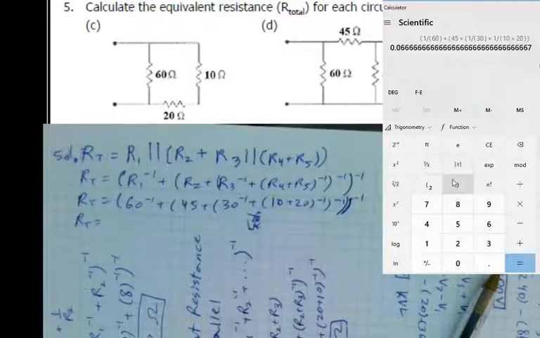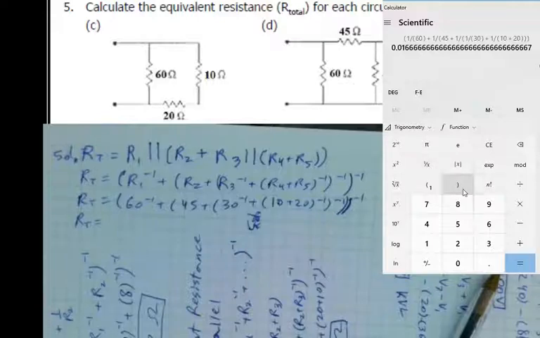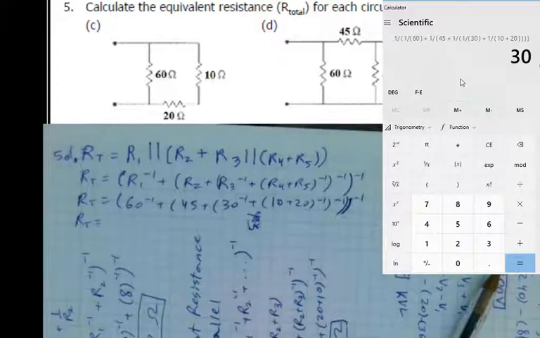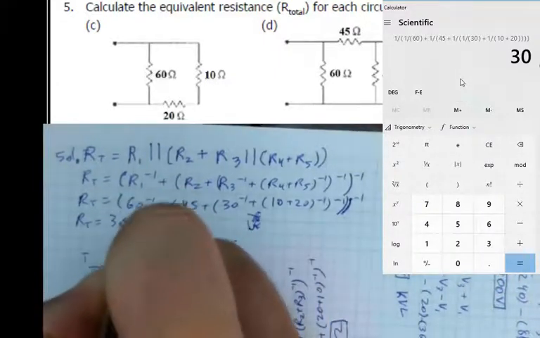We're going to close the bracket and reciprocate. Then we're going to close the bracket between the 45 and the 15. That's the 60. So we're going to reciprocate that. Close the bracket and reciprocate. And we're left with 30 as our solution.